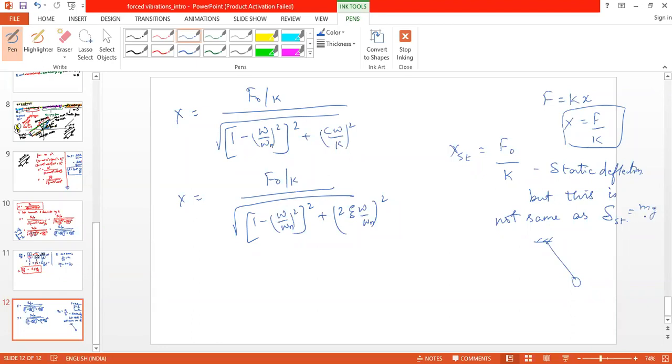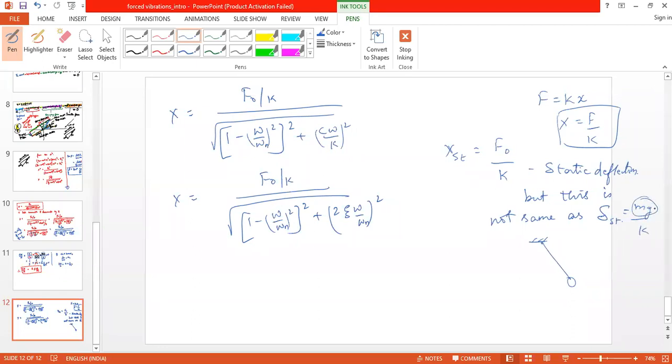The delta st is equal to mg by k. This mg, m into g term, do you remember that? We have neglected this.